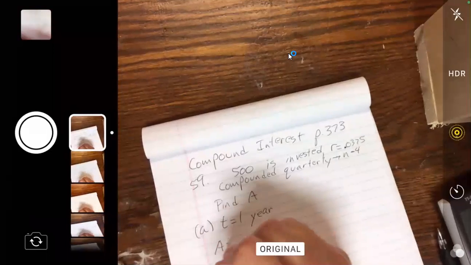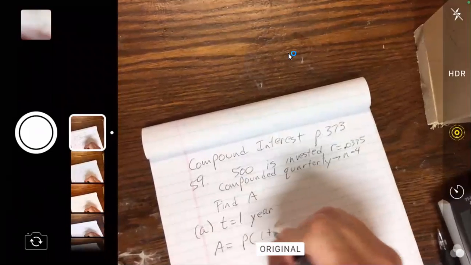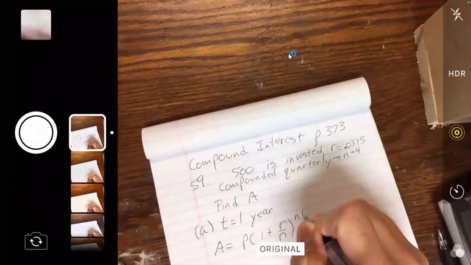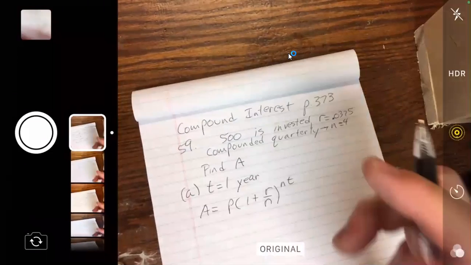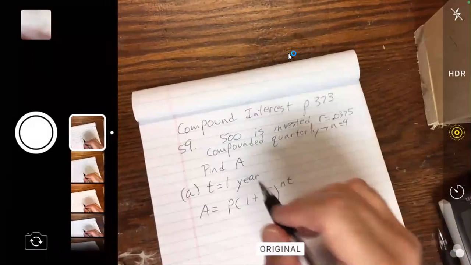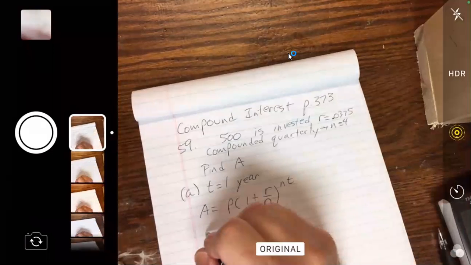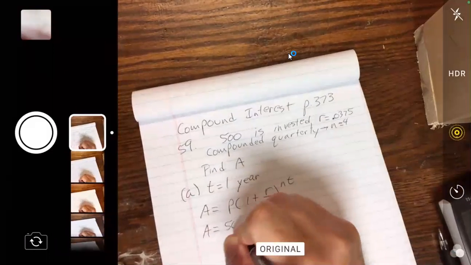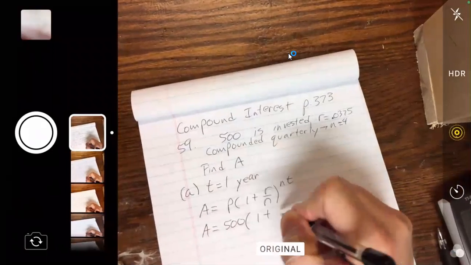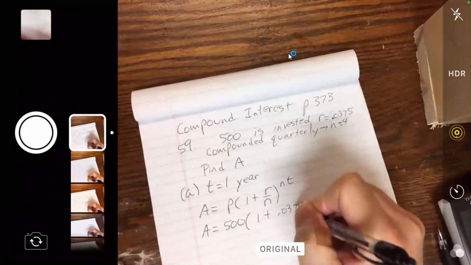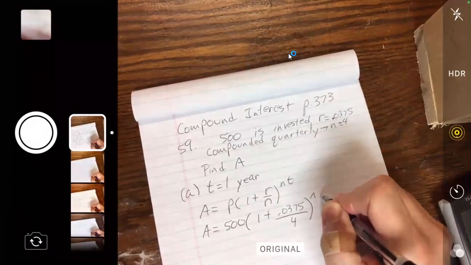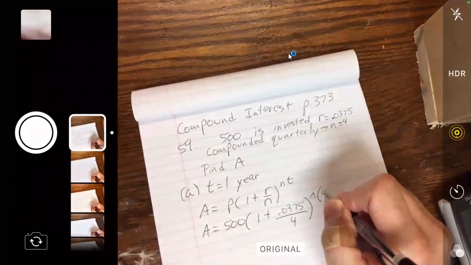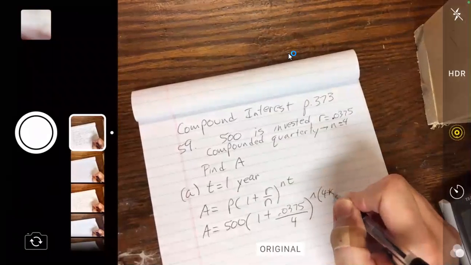So you would use this formula. N equal 4 there. All right, so I hope everybody knows where the numbers go, and then it's a matter of punching it. And your principal is your money invested. 0.0375 divided by 4 raised, and we want to put this in parentheses, 4 times 1 year.